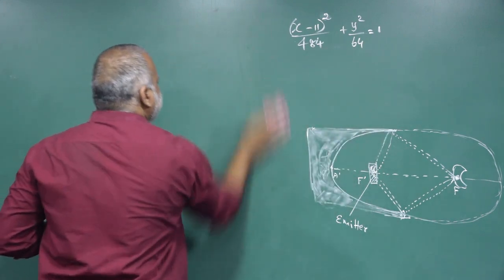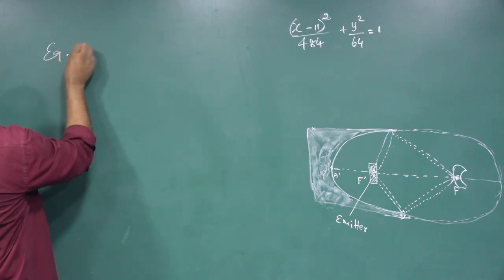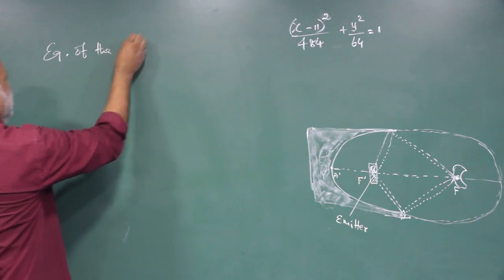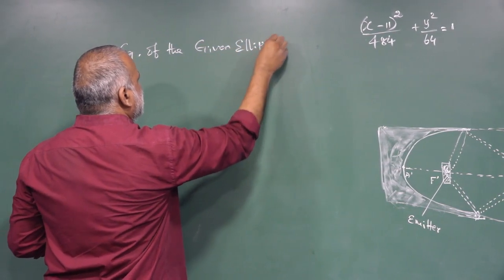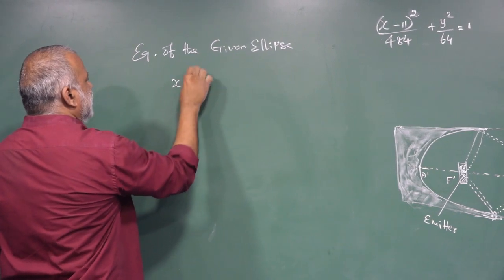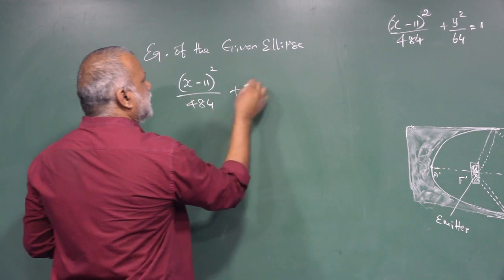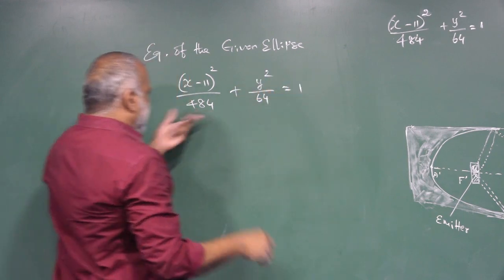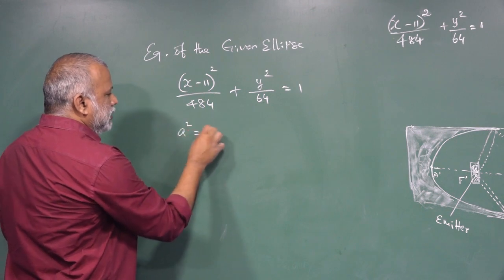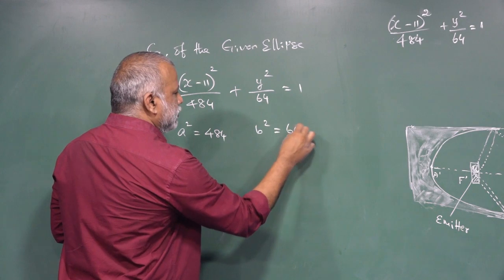Equation of the given ellipse: (x minus 11) the whole squared divided by 484 plus y squared divided by 64 equals 1. Here a squared equals 484, and b squared equals 64.